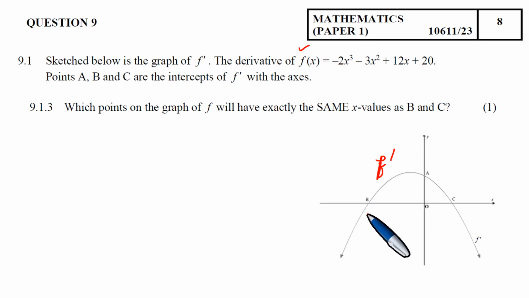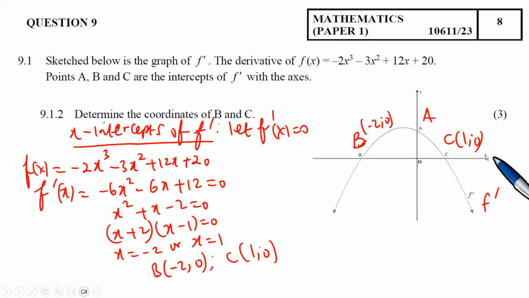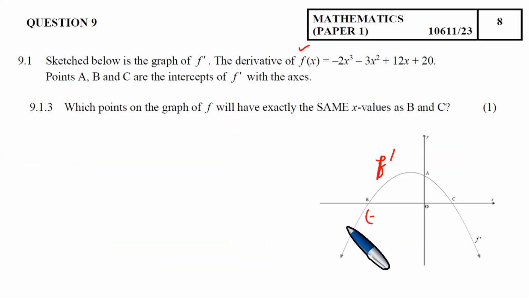What are the x values at B and C? We found minus 2 and 1 respectively. So we found minus 2, 0, and then 1, 0.